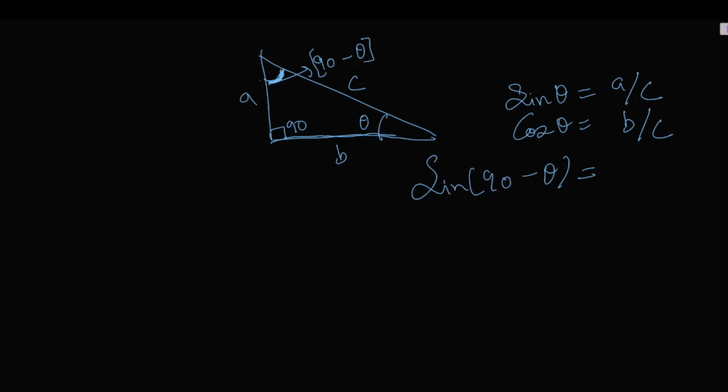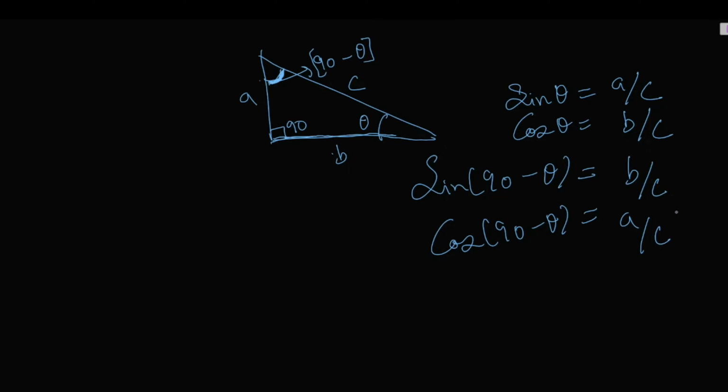For this angle, perpendicular by hypotenuse, which is B by C. And cos of 90 minus theta would be A by C, because if we consider this angle, this would be the base. A by C.